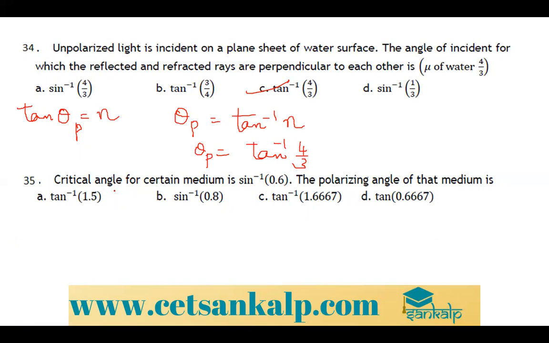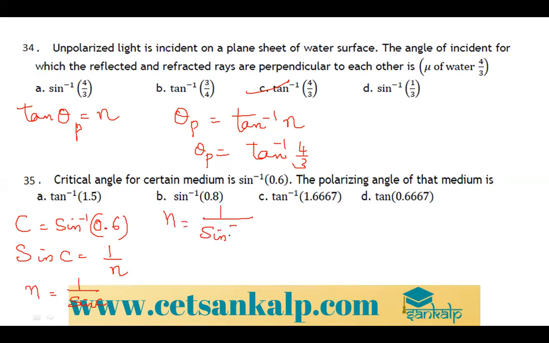Right. Next, the critical angle for a certain medium. So critical angle C is equal to sine inverse of 0.6. Now sine C is equal to 1 by n, so n is equal to 1 by sine C. So n is equal to 1 divided by sine inverse of 0.6. Sine and sine inverse cancel, so n is equal to 1 divided by 0.6.